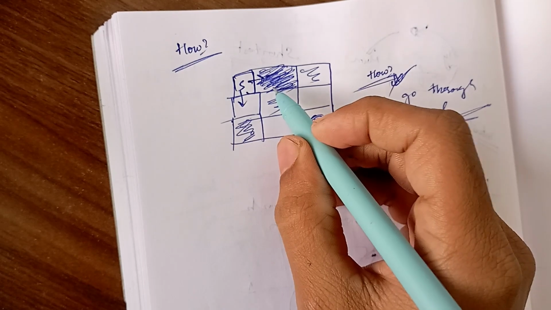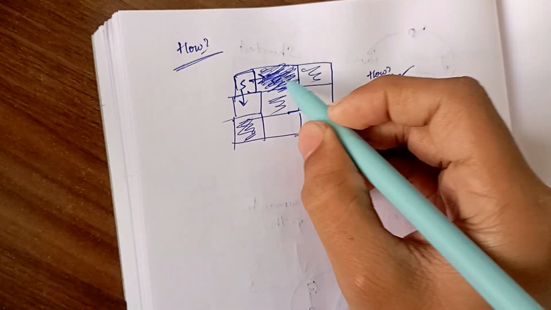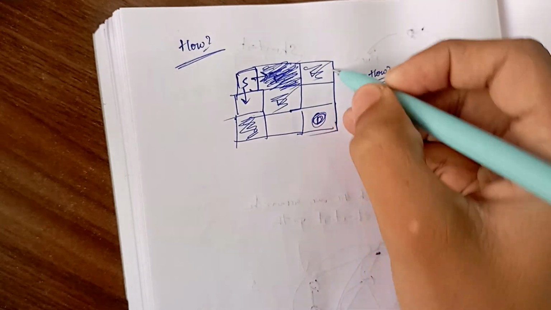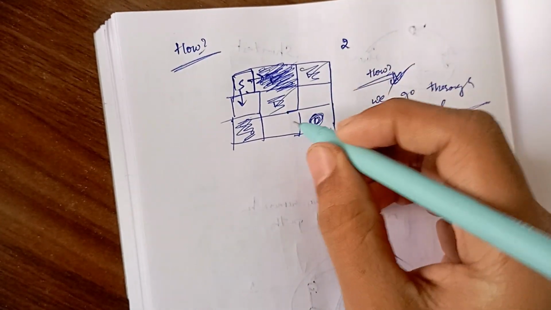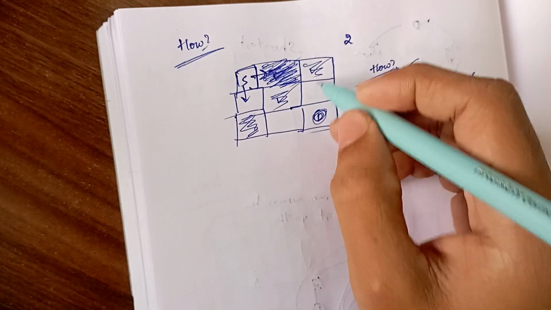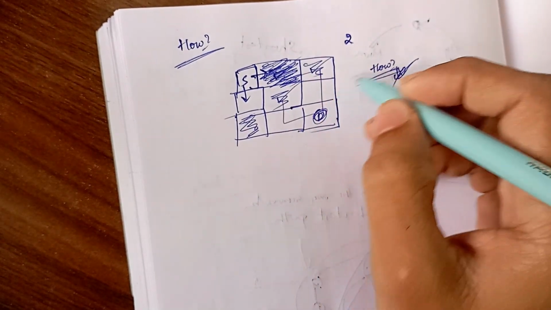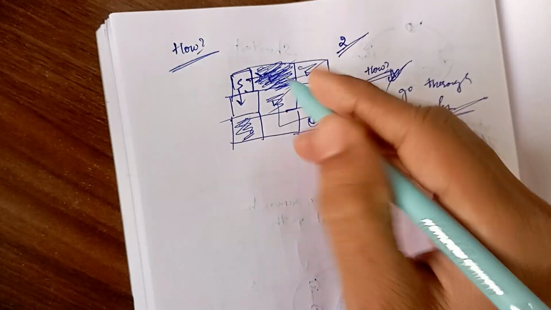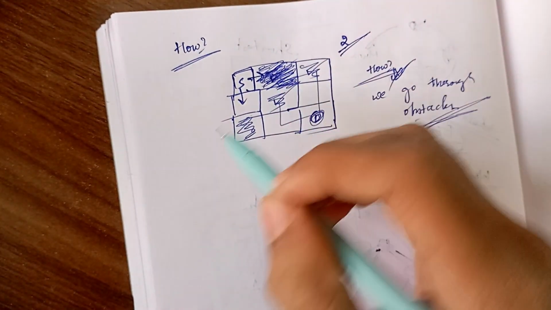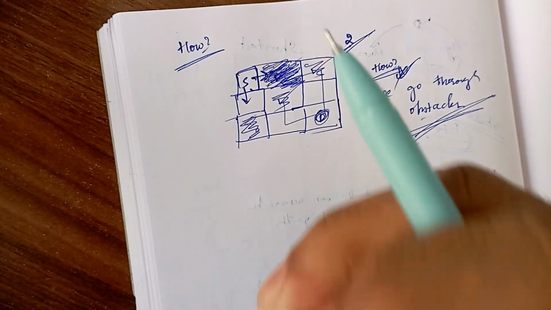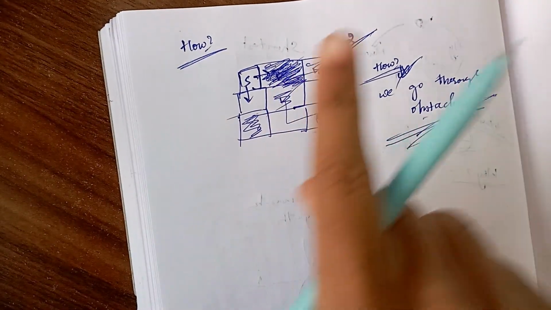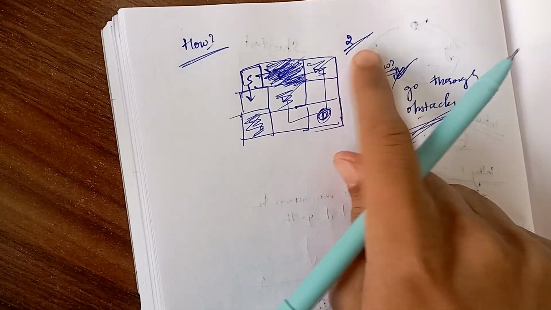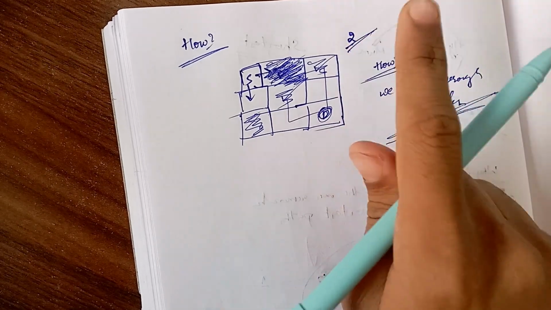If you go here, then you need to remove this obstacle and then this or this. Even if you reach by here or by here, the minimum obstacles to be removed is 2. That means if you give obstacles first priority, you will be getting the maximum instead of the minimum number of obstacles.